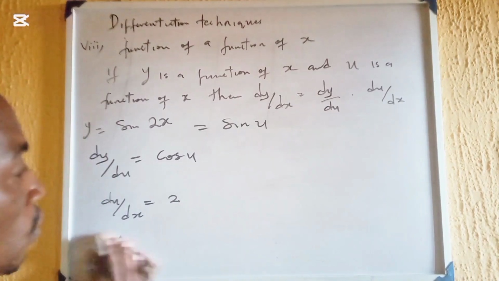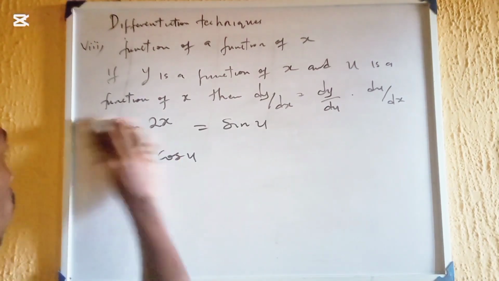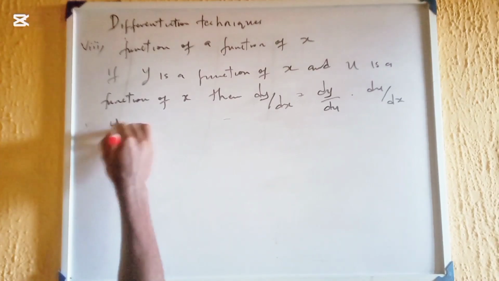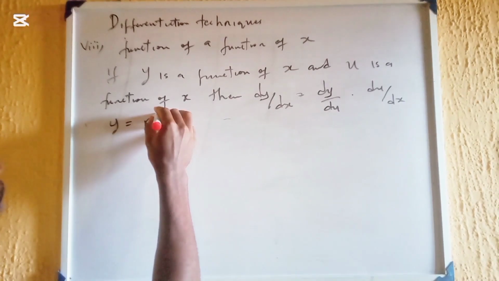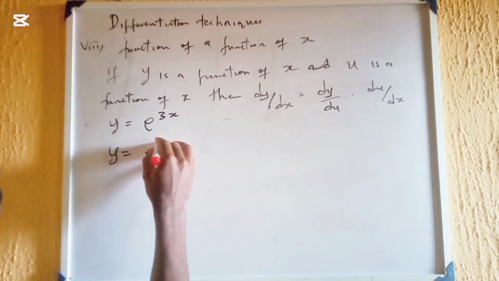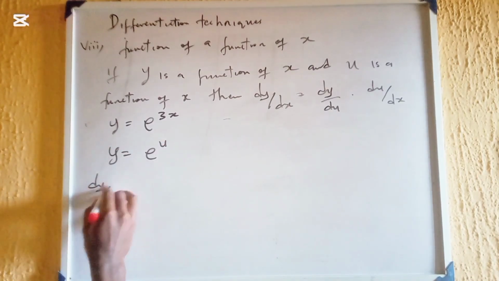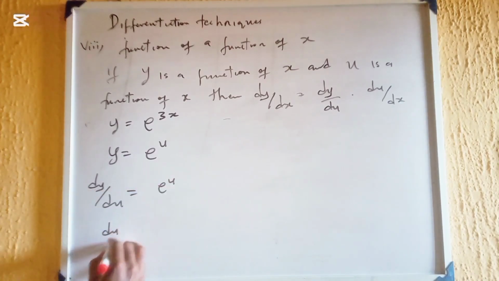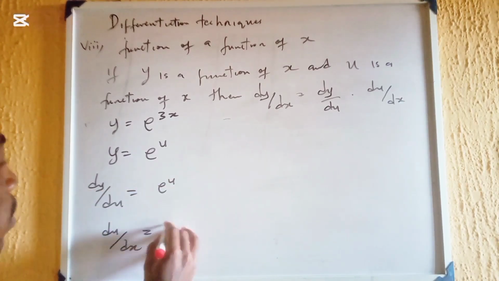Now this applies to exponential functions also. We'll have y is equal to e to the power 3x. So we say y is equal to e to the power u. Then dy/du is equal to e to the power u. And du/dx is equal to 3.